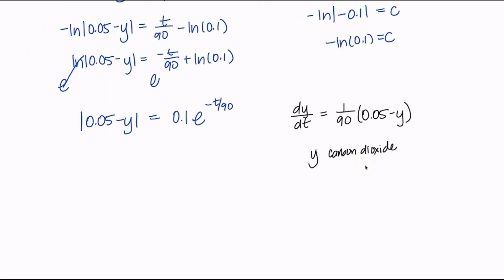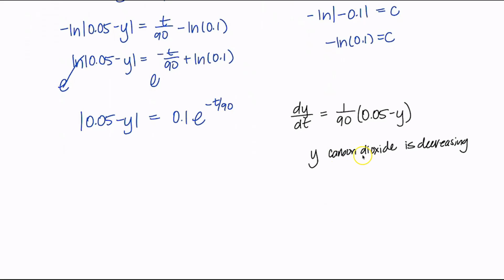Let's remember, we had this room that had a higher amount of carbon dioxide, and then we were pumping in air that had less carbon dioxide in it. So it had more to begin with, and then we're pumping in cleaner air essentially. So the amount of carbon dioxide is decreasing in that room because we're pumping in fresher air. It's not quite perfectly fresh air, but it's fresher than there was to begin with.